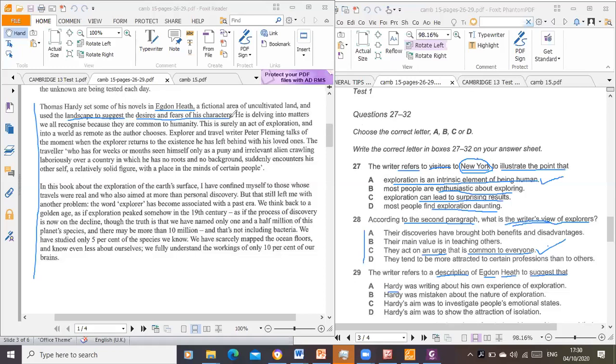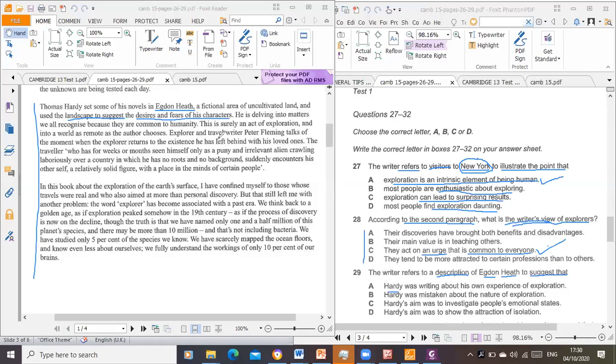Now, if you read on, let's see if we have found the answer already. Question 29. It says, Hardy was writing about his own experience of exploration. Hardy was mistaken about the nature of exploration. Hardy's aim was to investigate people's emotional states.